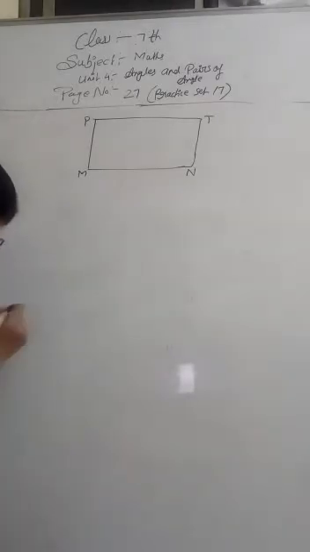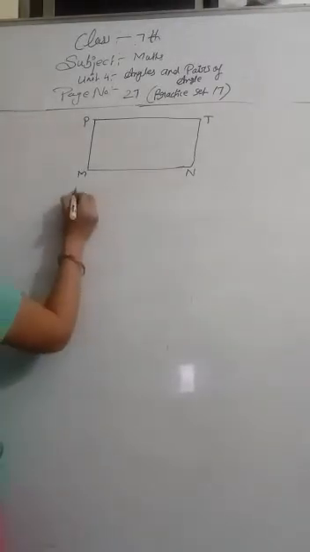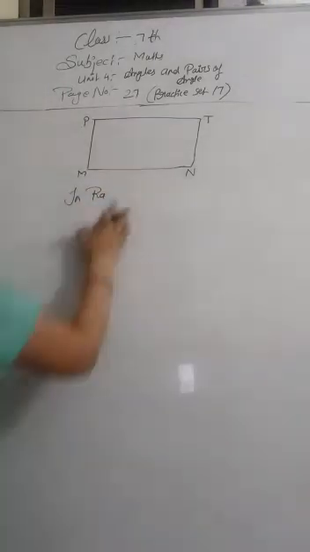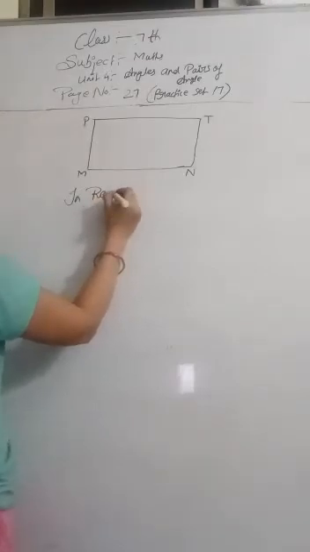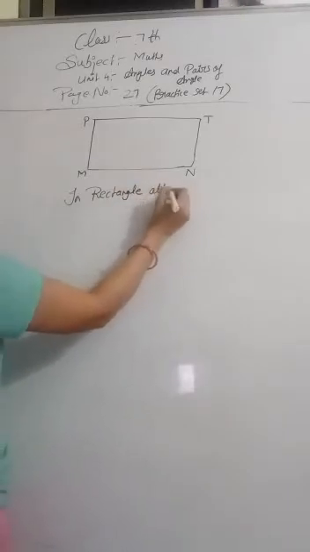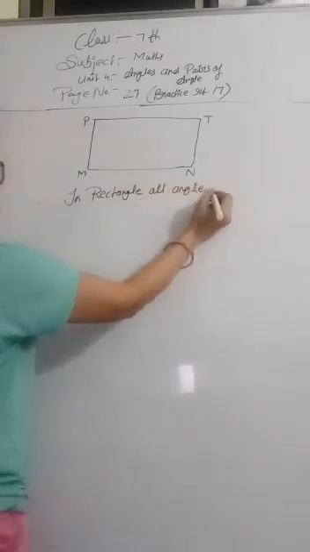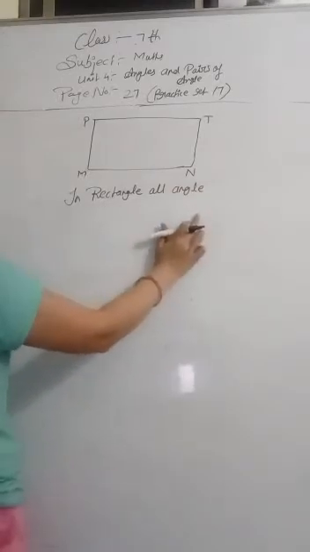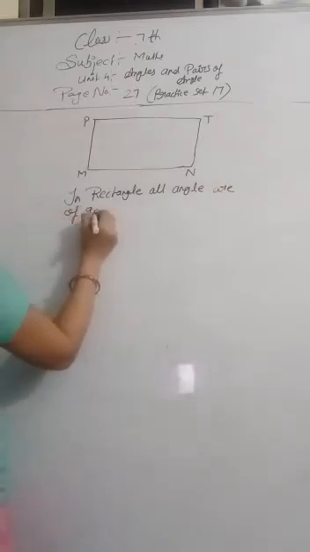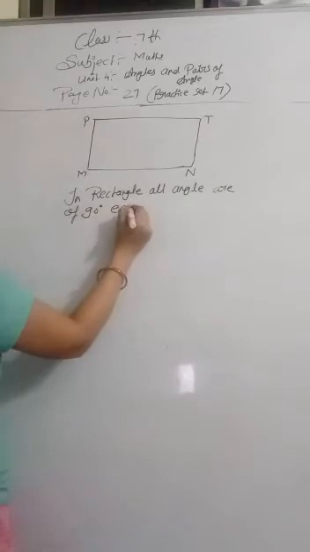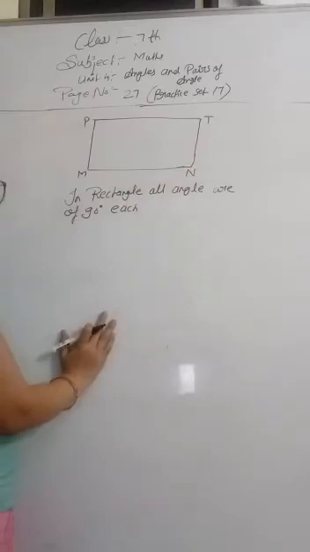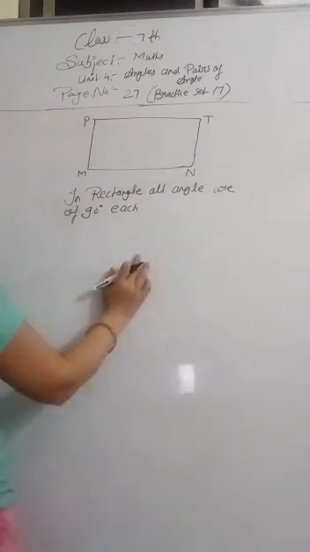First we will write: in a rectangle, all angles are of 90 degrees each. You can see here all angles are 90 degrees.